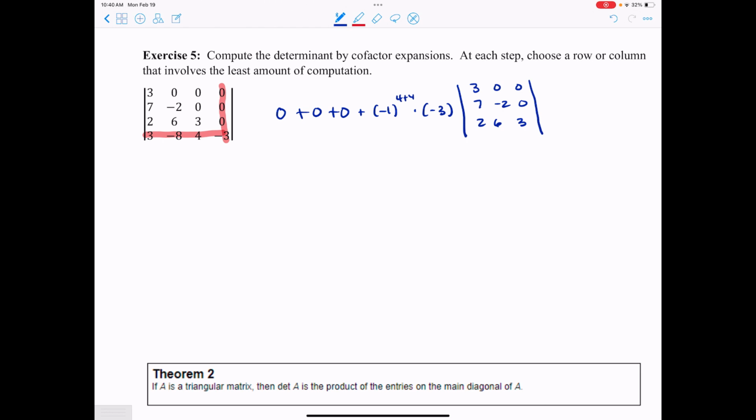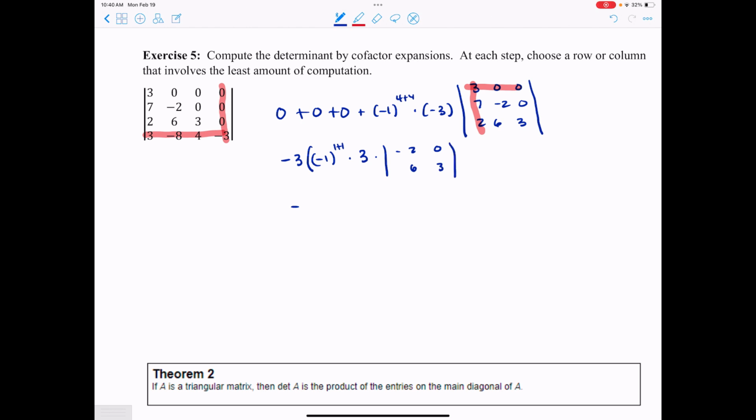Continuing, negative 1 to the 4 plus 4 is positive, so I have a negative 3 times, if I do cofactor expansion around the first row, I'm going to get negative 1 to the 1 plus 1 times 3 times the determinant of the stuff that's left. Negative 2, 0, 6, 3.